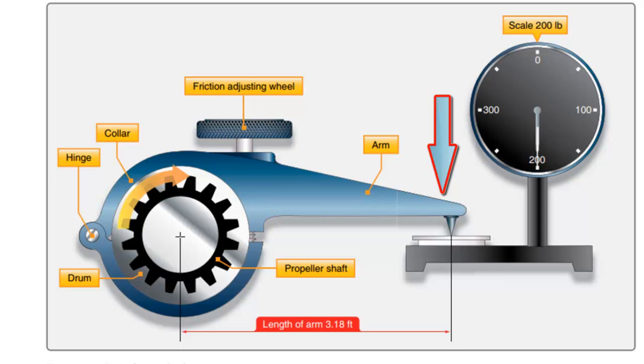Now, the way we would run this up, if we wanted to know how much brake horsepower this engine was going to produce at, say, 2,000 RPM, is we would start the engine up, get all the brake and everything set, run it up to 2,000 RPM and start screwing down the wheel.